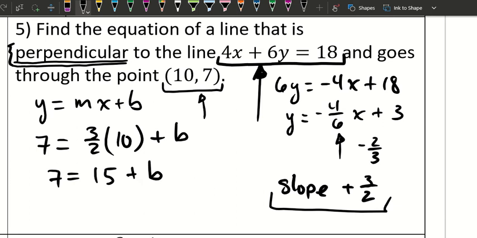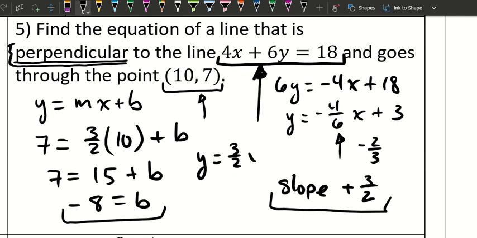If I take away 15 from both sides of that, I get negative 8 is what b must be. At this point, I have both the slope and the y-intercept, so I can write my answer. The equation of the line that I'm looking for is y equals 3/2 x minus the number 8.